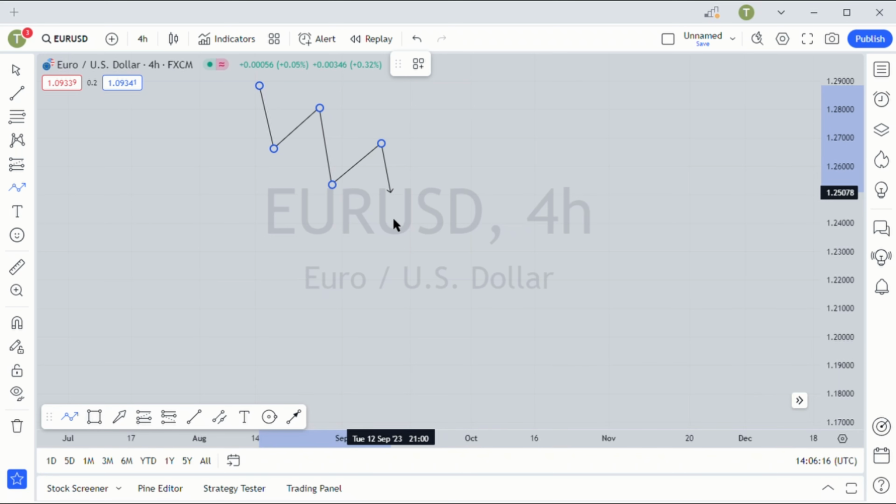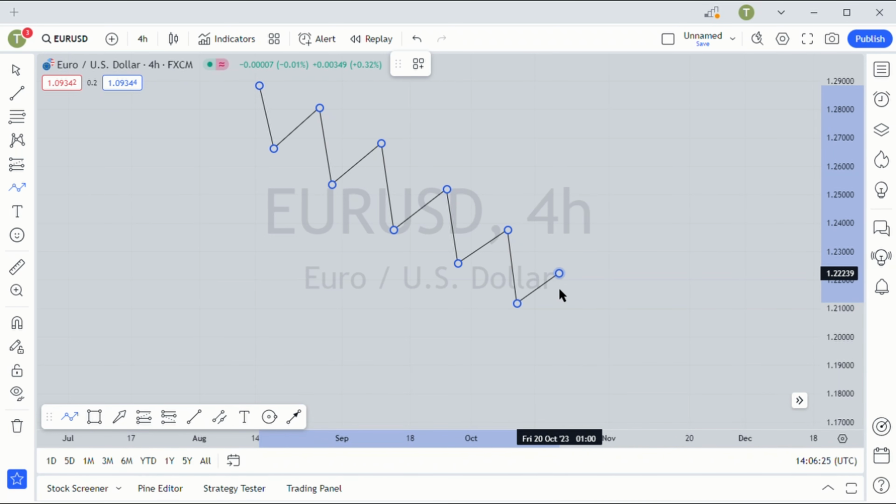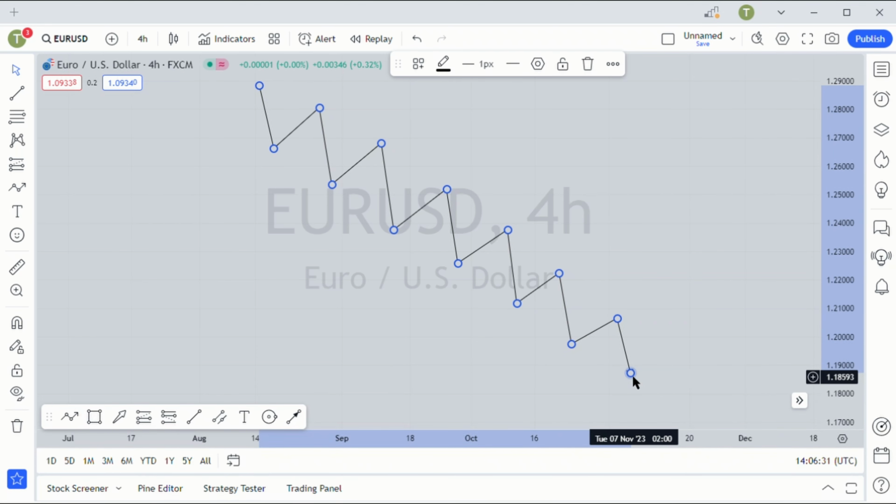Then a downtrend is the opposite of an uptrend. It happens when the price of something, like a currency or a stock, keeps going down over time. Think of it as a staircase that only goes down, so each step is lower than the last step. So in a downtrend we have lower lows and lower highs.